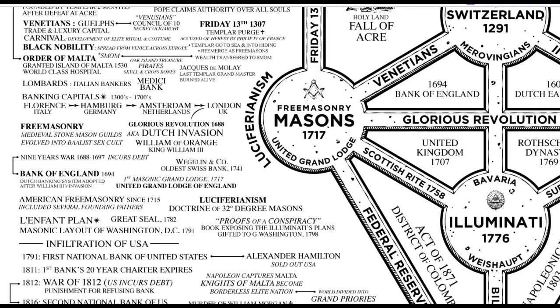And then just 10 years after that, you have the foundation of the first United Grand Masonic Lodge, the United Grand Lodge of England in London. And so this is when Masons really become how we think of them today. Freemasonry becomes what we think of it today. Before that, Freemasons were responsible for building cathedrals.